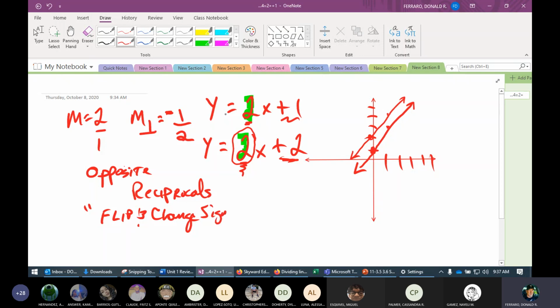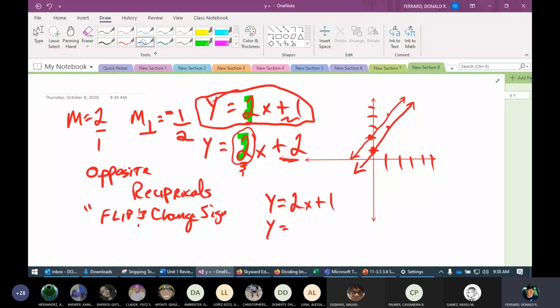So in order for me to have a perpendicular line to y equals 2x plus 1, my perpendicular line would simply be y is equal to, and I'm going to flip 2 over 1 to 1 over 2. I'm going to make that negative. x plus 1, all right?